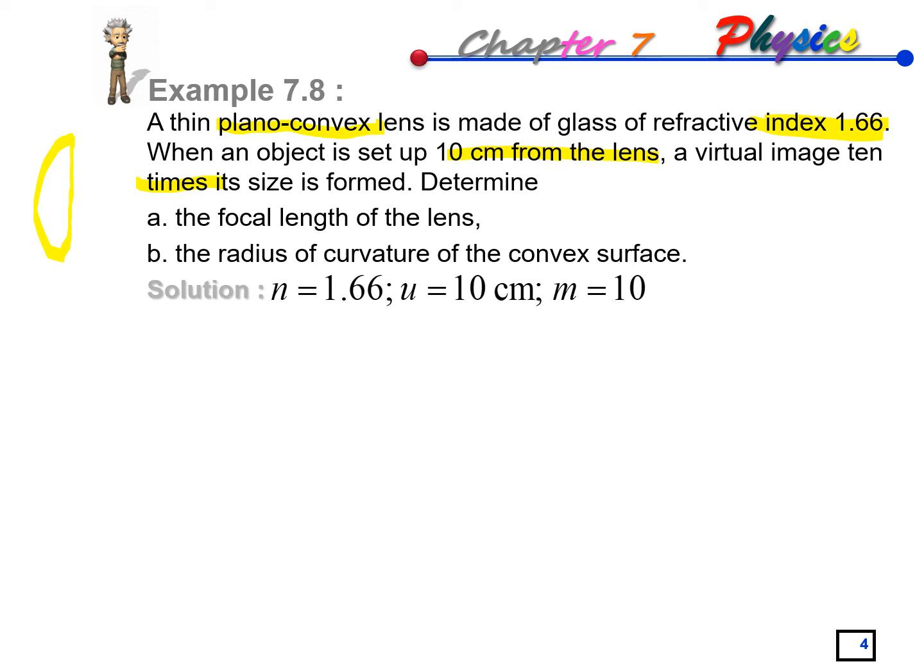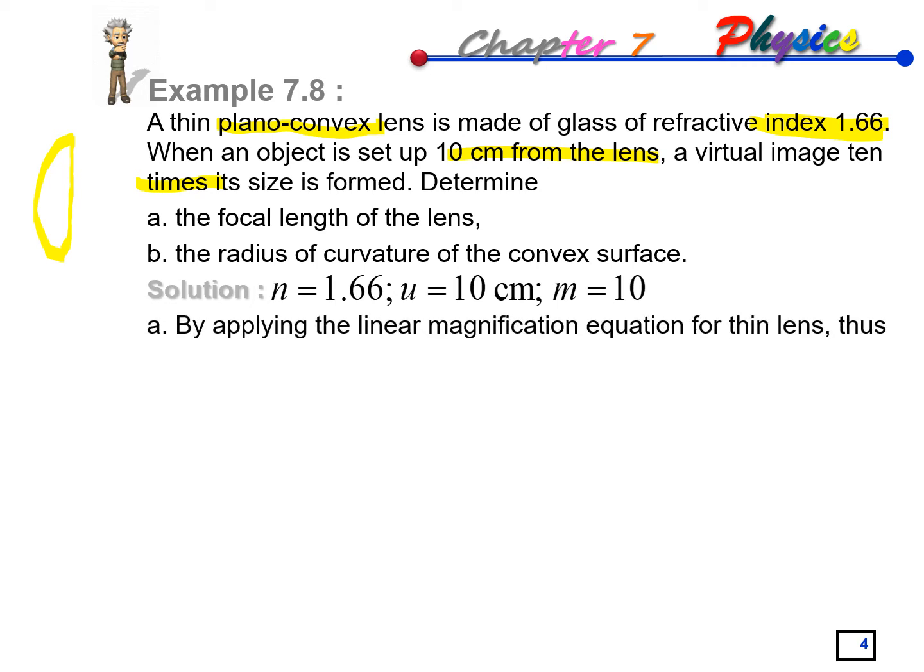Magnification is 10. By using the magnification equation, negative v over u, which equals 10, that means v will be equivalent to negative 10u.